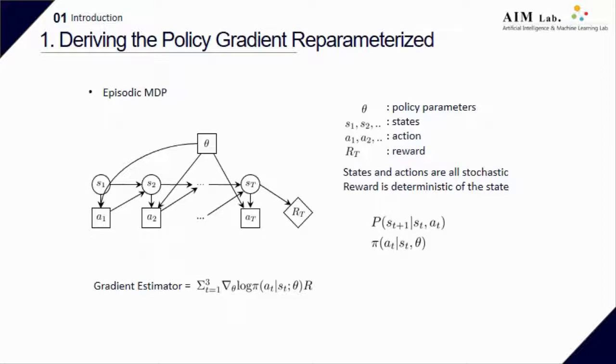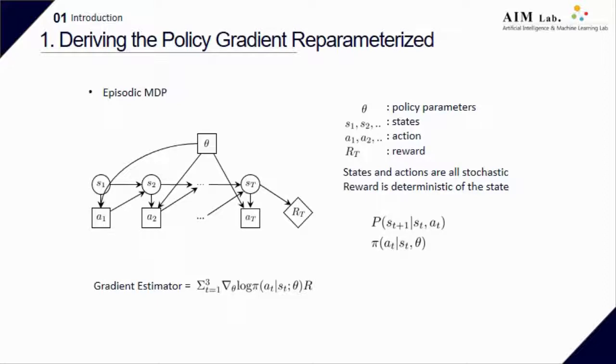Let's say, for simplicity, that the reward exists only at the end, and it is a deterministic function of the state. Then our REINFORCE gradient estimator looks like this. There are numerous continuous problems, such as robotic control problems, with actions from a Gaussian distribution.